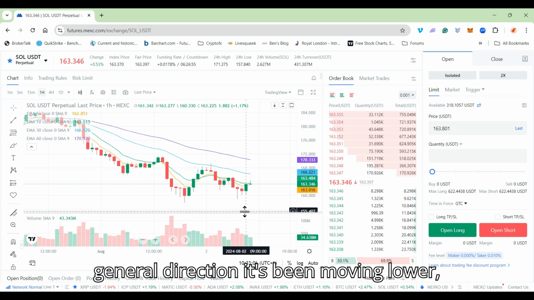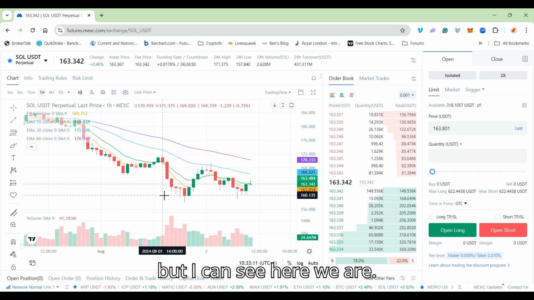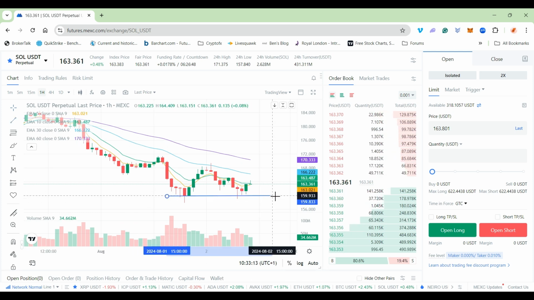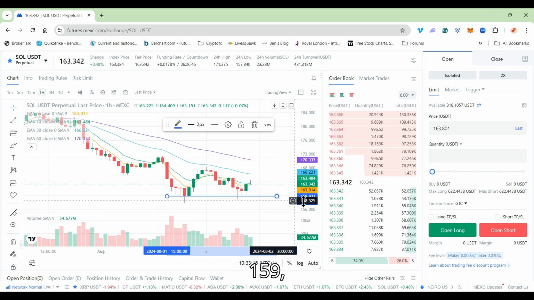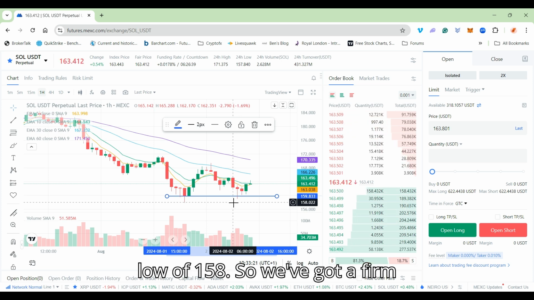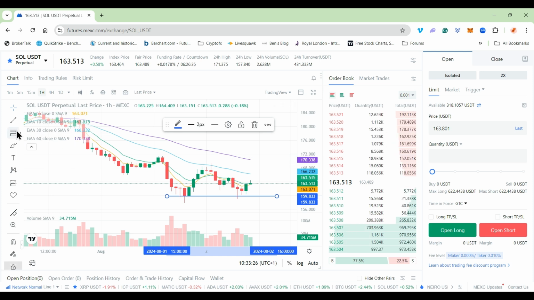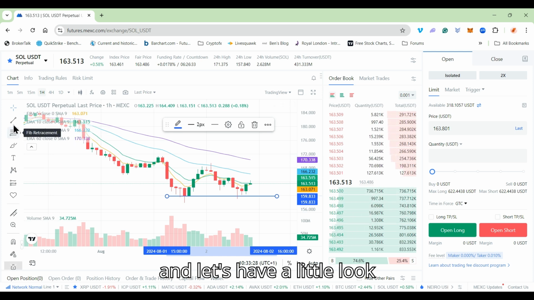We can see there's a general direction. It's been moving lower, but I can see here we are not closing below this level here at 159. It's about 160. We've hit a low of 158. So we've got a firm base down here. And let's have a little look.